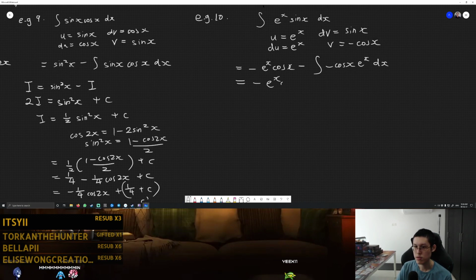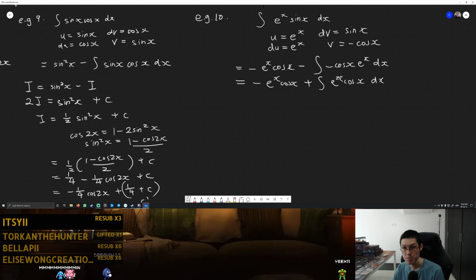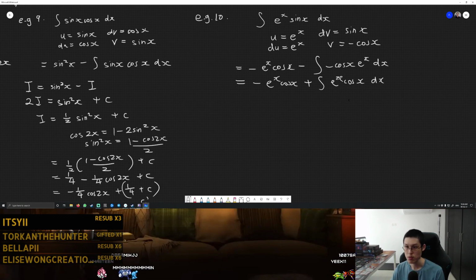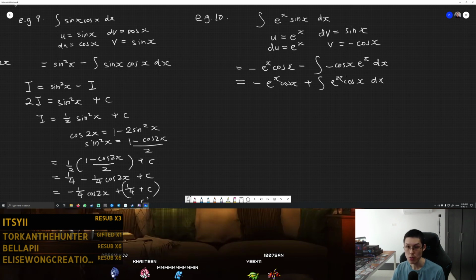Simplifying this a little, we get this. And we can't really do much, so we are just going to have to do another integration by parts again, because we can't evaluate this, and this is not the same as this. So we're going to do integration by parts again.